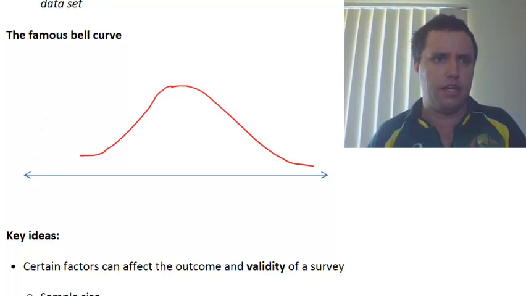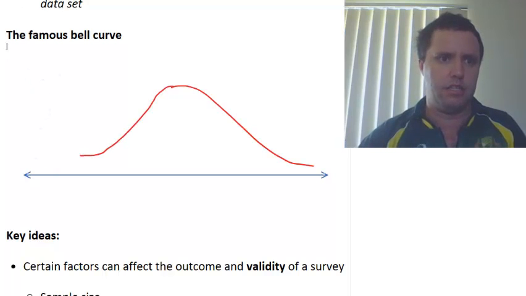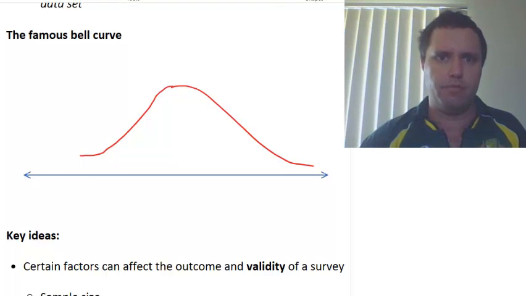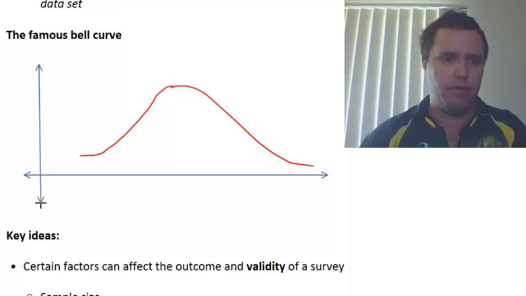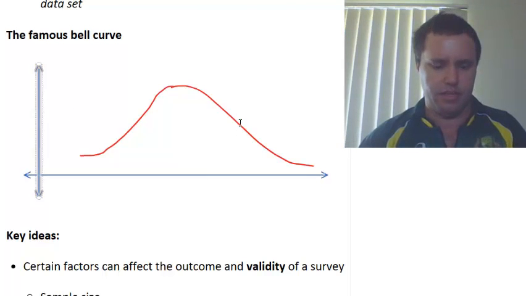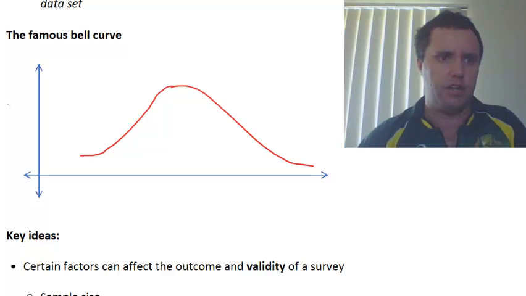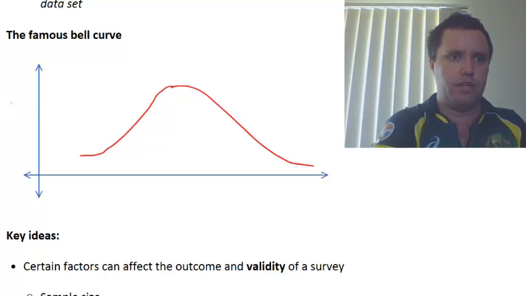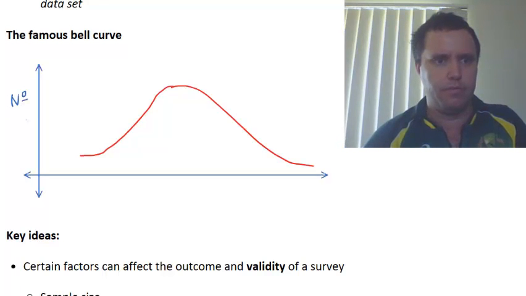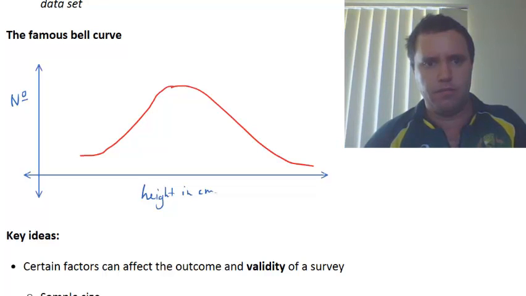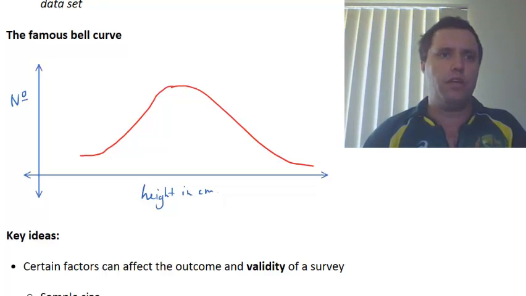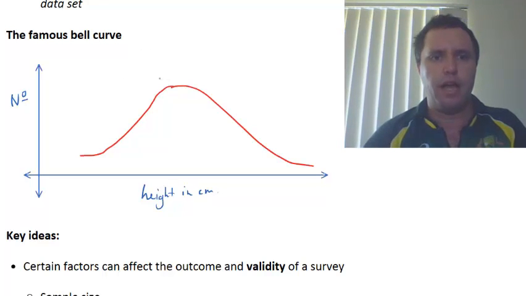And let's say that this is height of people, which is a pretty typical one to have a bell curve for in a normal population. Oops, sorry, this should be number of people, and this is their height in centimeters.